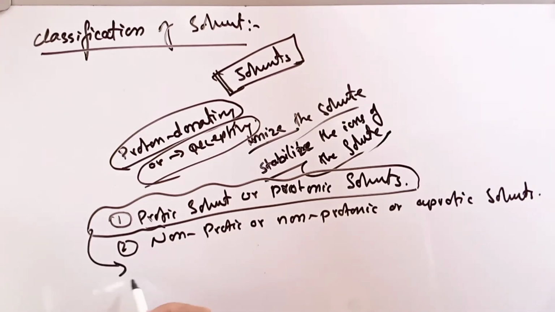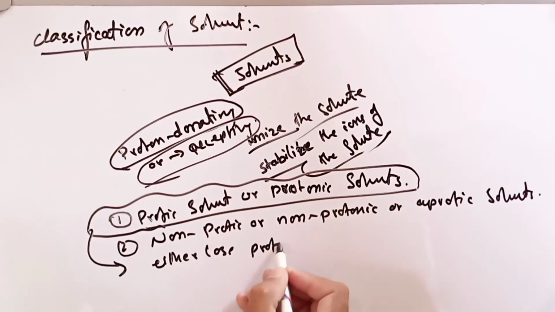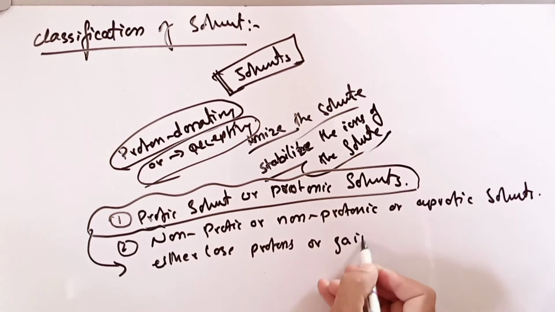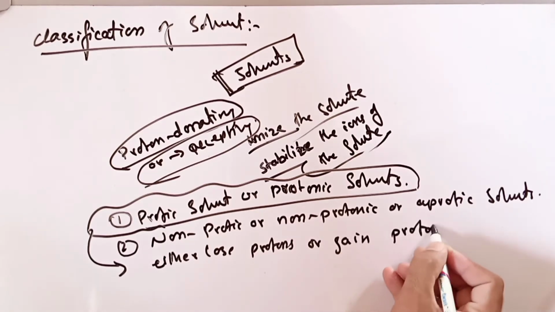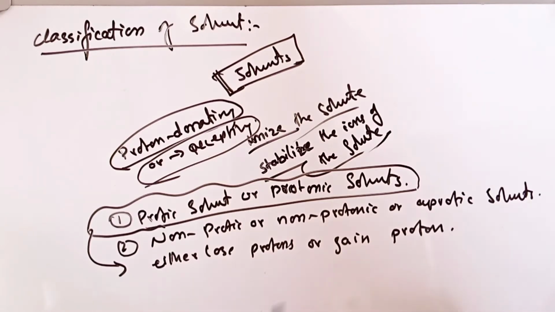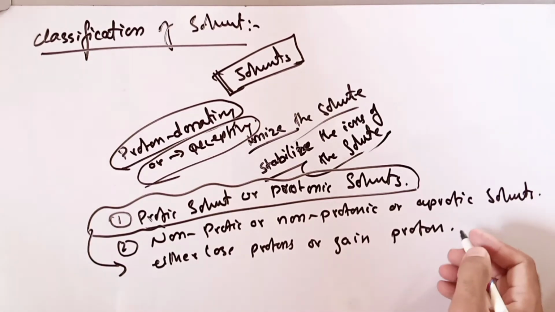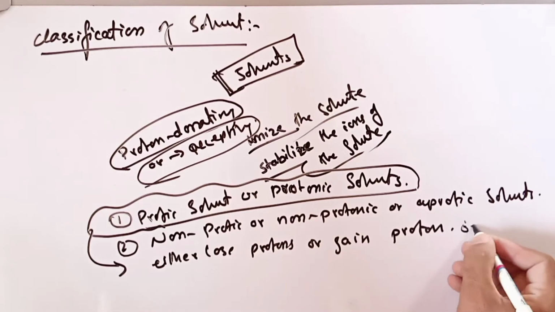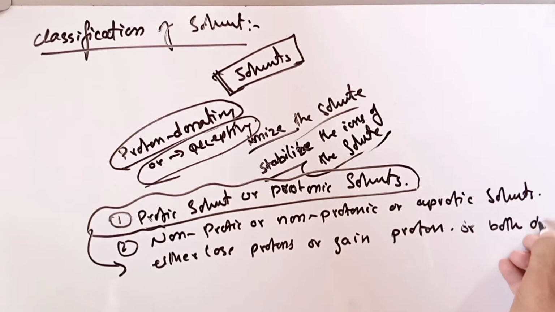So what are protic solvents? These solvents will either lose protons or gain protons, and there are also some protic solvents that have both tendencies, accepting protons as well as losing protons.